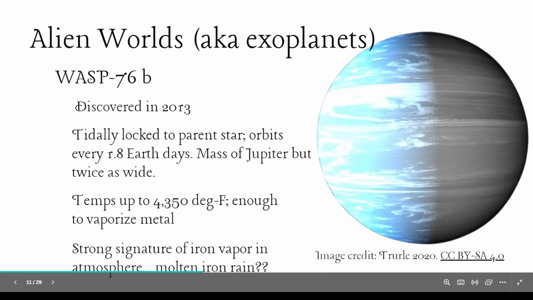And in the atmosphere, scientists have found a very strong signature of iron vapor. So they're thinking that if that vapor is in the atmosphere when it's warm, if you go to the other side of the planet where it is cold, and that vapor condenses as rain, we would have molten iron rain on this planet.